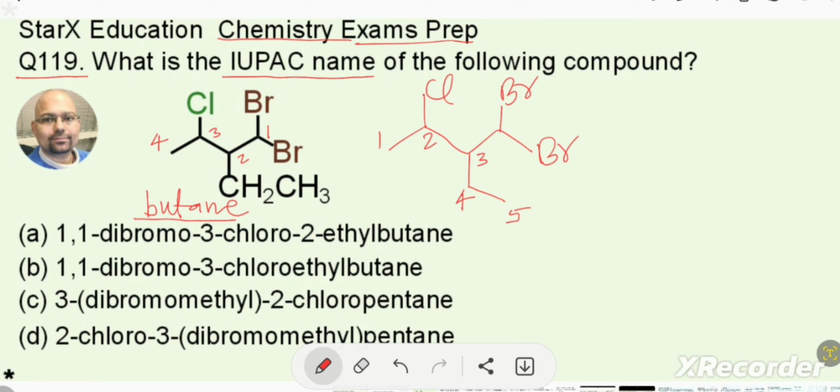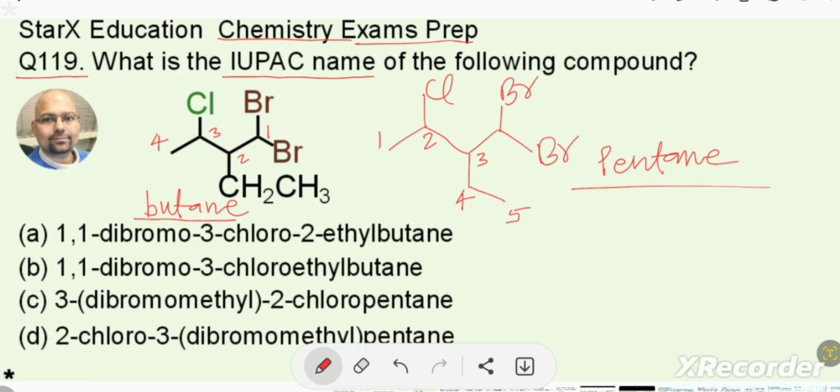For example, if it is an alkene, alkyne, or some alcohol and carboxylic acid, etc., then we must choose the carbon chain that contains the functional group. However, here we must choose just the longest carbon chain. So now this is a 5 carbon compound, so it becomes a derivative of pentane.